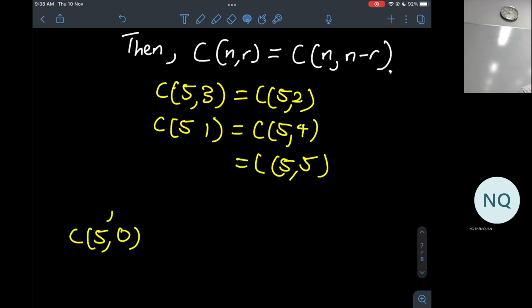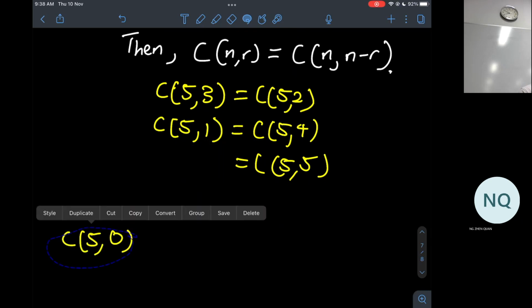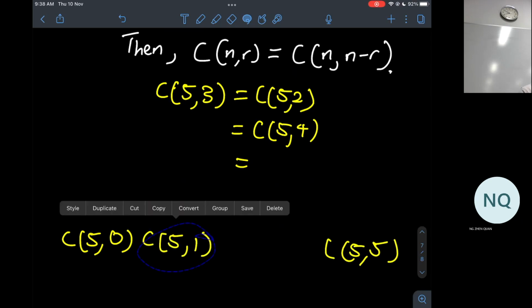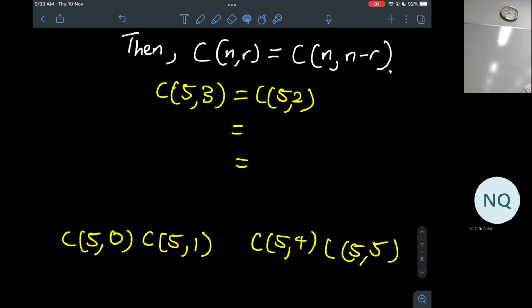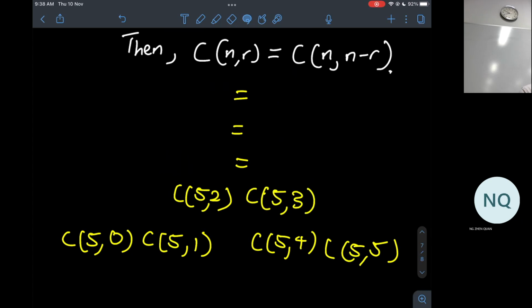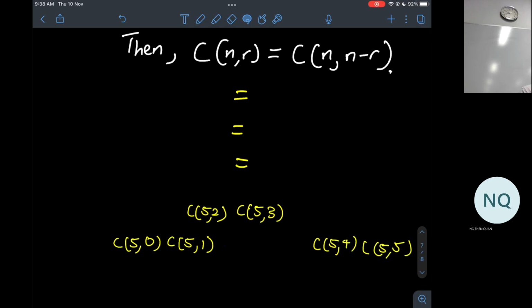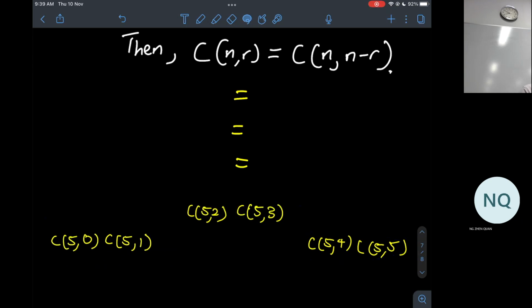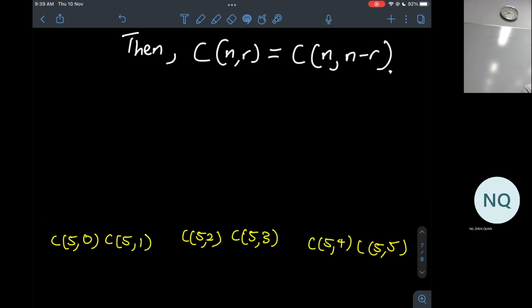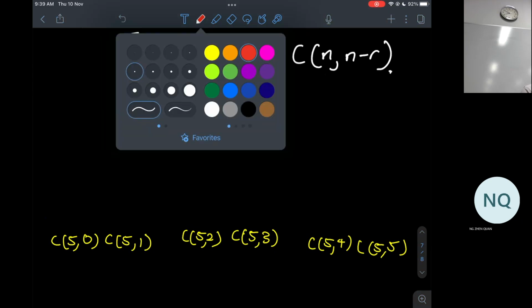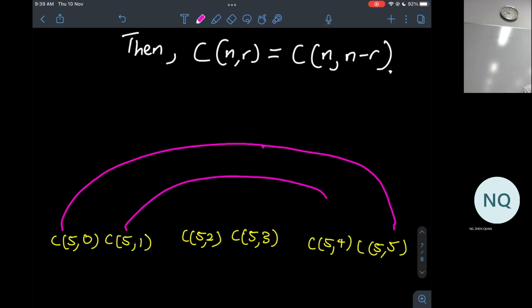So if I arrange the numbers like this, you can see that the last one is the same as the first one, the second last is the same as the second one, so there's a symmetry in these numbers.